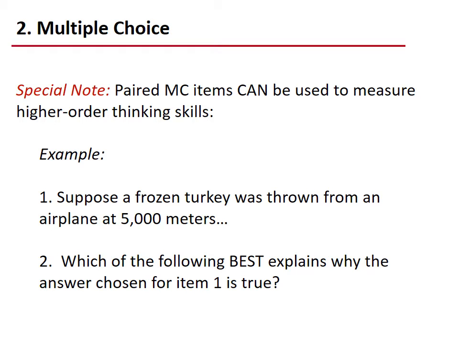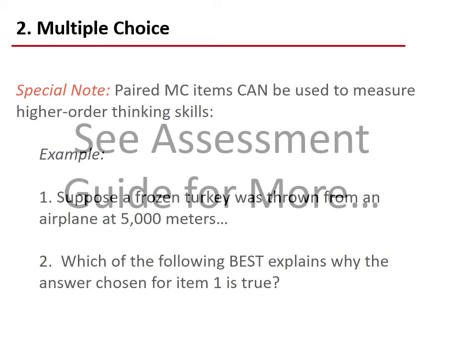The item wouldn't be considered correct unless they got both of those right. That kind of strategy can really get at intellectual skills using multiple choice, which, as a teacher trying to implement efficient assessments, can be very helpful.